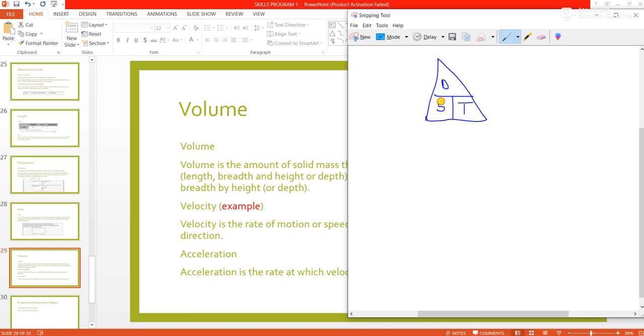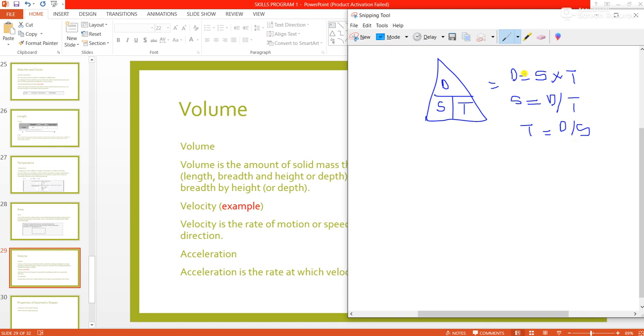So we've got three components. If you want the distance, your distance will be speed times time, your speed will be distance divided by t, which is time, and your time will be distance divided by speed.